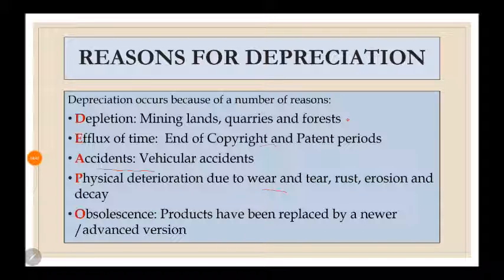So depreciation can occur through the passage of time. Then an asset physically deteriorates, just like the chest of drawers: rust, erosion, wear and tear. Every time you slam the door, you're shaking up something in the chest of drawers. Then there is obsolescence. A cell phone from 15 years ago wouldn't work today.